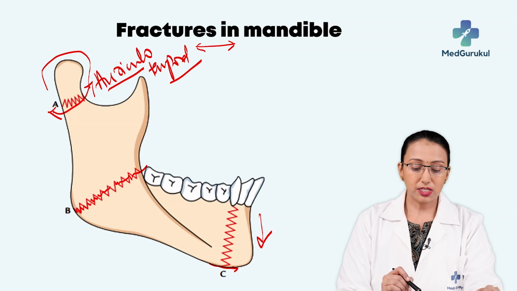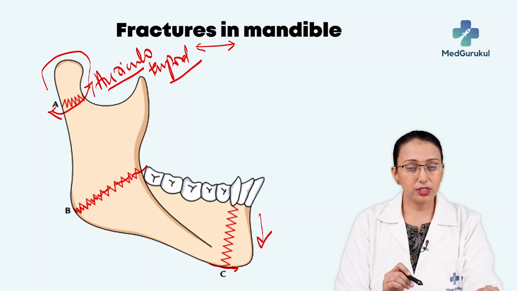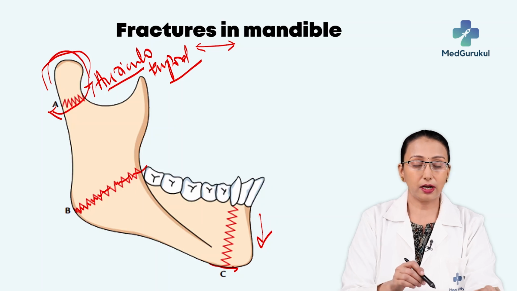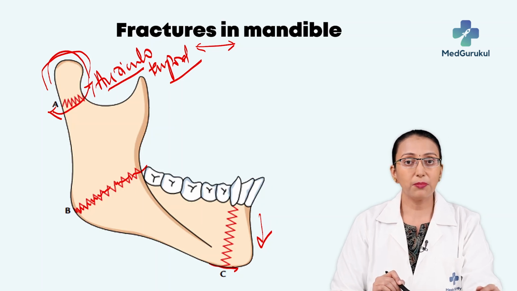One more applied aspect is the dislocation of the TM joint. The commonest is the anterior dislocation, where the head is dislocated anteriorly outside of the mandibular fossa, which belongs to the temporal bone.